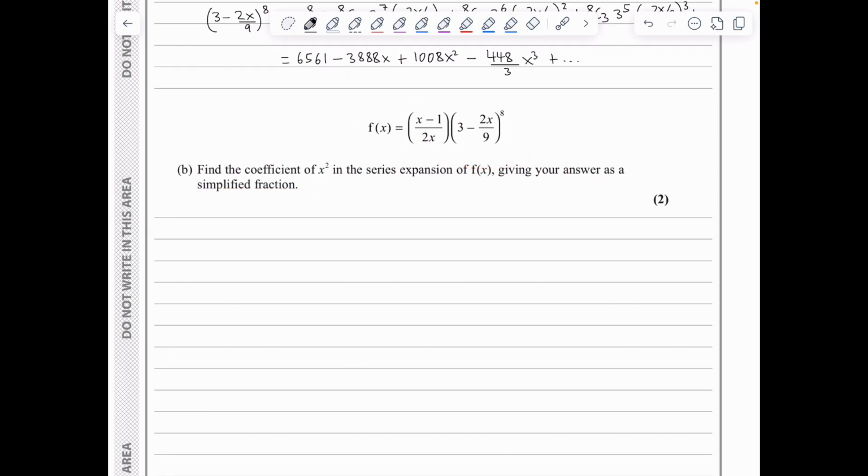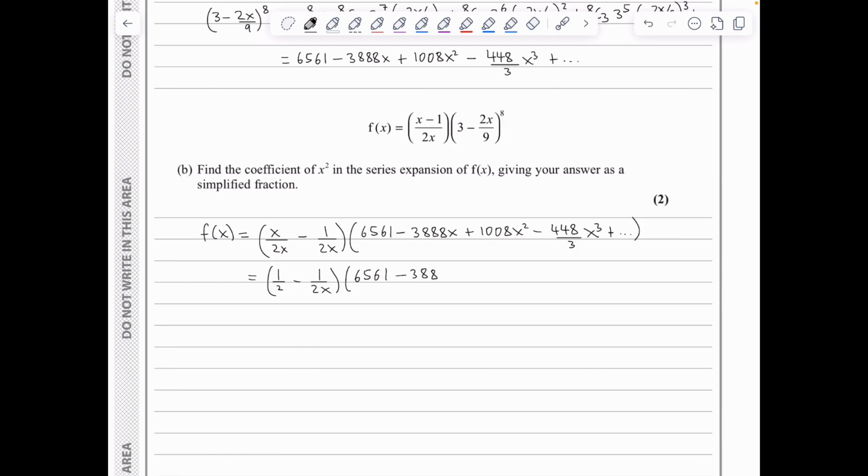So I will start by considering that f of x is x over 2x minus 1 over 2x, times the binomial expansion we obtained in part A, which was 6,561 minus 3,888x plus 1008x squared minus 448 over 3 x cubed plus... I will simplify the first bracket. It's a half minus 1 over 2x times the expression we already have from part A.